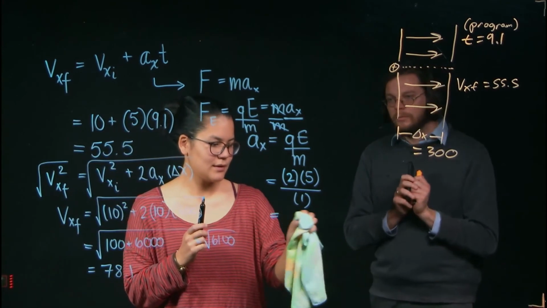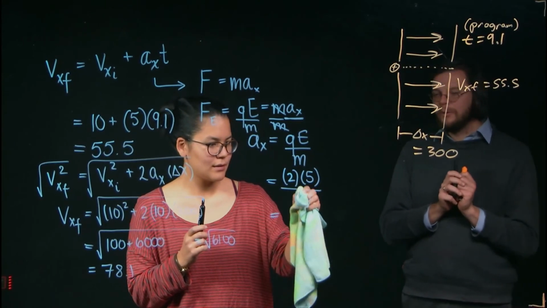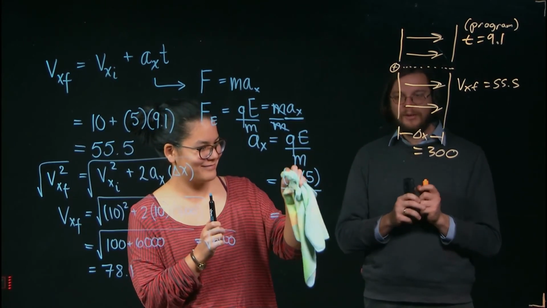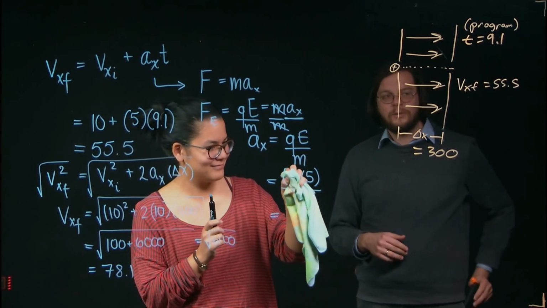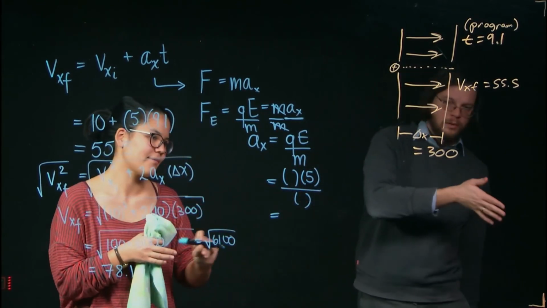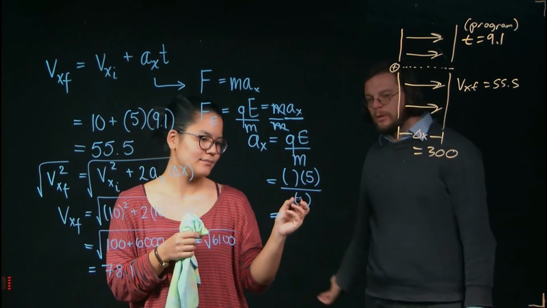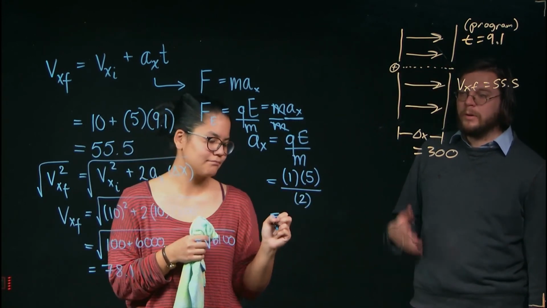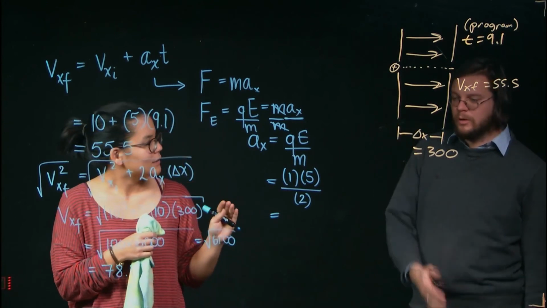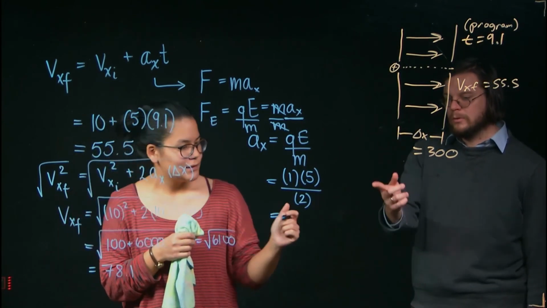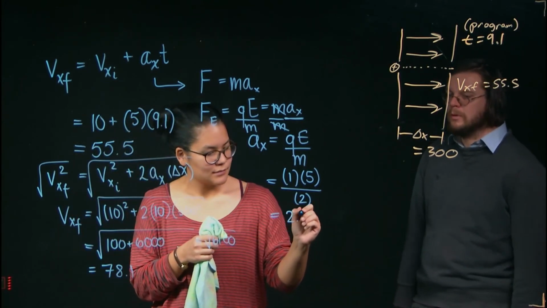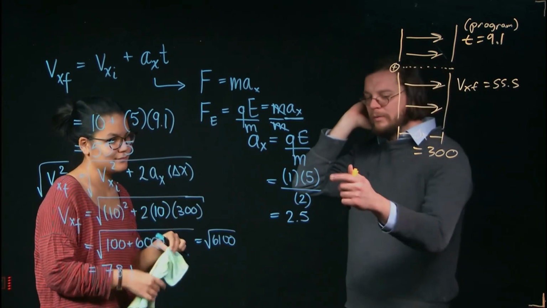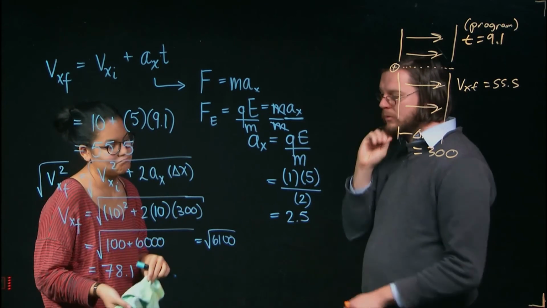The neutron is neutral, hence the name, so it has no charge. The proton has a charge of 1, so the total charge is just 1. But the mass of the neutron is 1, and 1 plus 1 is 2, so the total mass is 2. And so instead of having an acceleration of 5 or 10, it's 5 halves, which is 2.5.